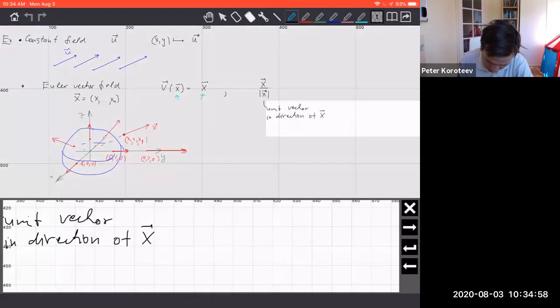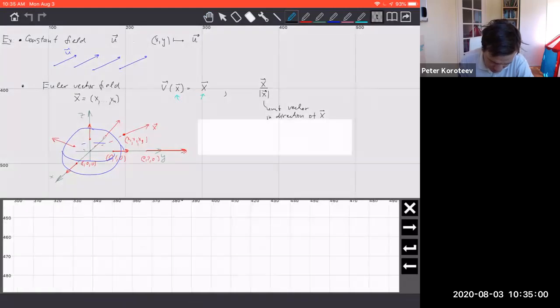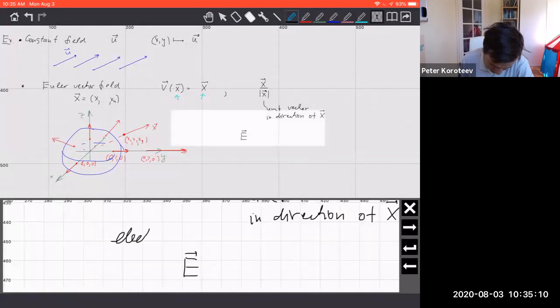Of course, so an actual physics example of this field would be the electric field from a point charge, right? So, the electric field from a charge q, say it's positive.